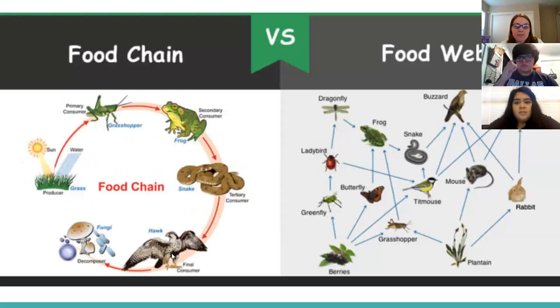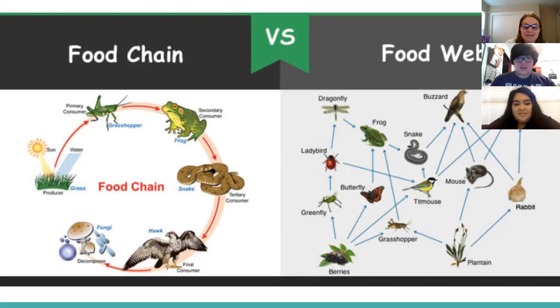So you guys have learned about food chains in second grade, third grade. You've learned about food chains before. What can you tell as a difference between a food chain and a food web? Can you tell if there are some of the major differences between them? In the food chain, there's only one path.